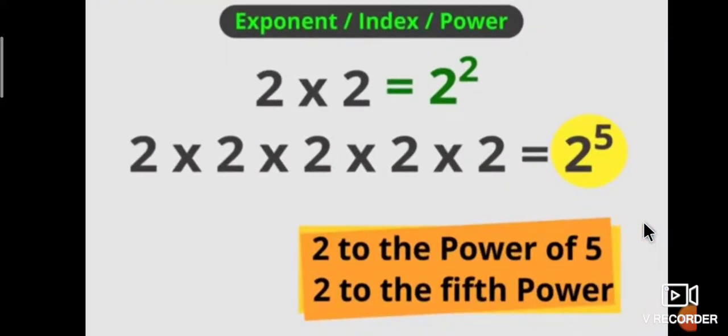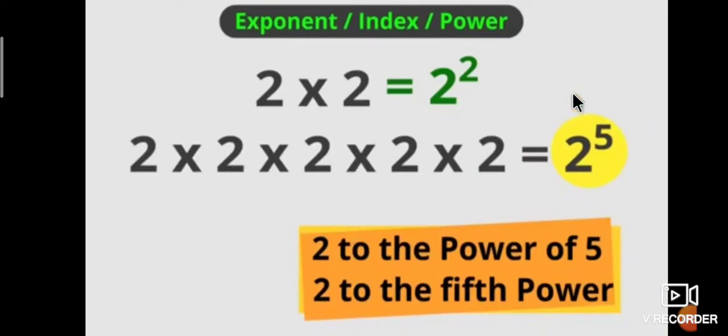Dear students, for example, consider 2 into 2, it is written in the form of 2 square. Second example is 2 into 2 into 2 into 2 into 2, which is in the form of 2 to the power of 5.